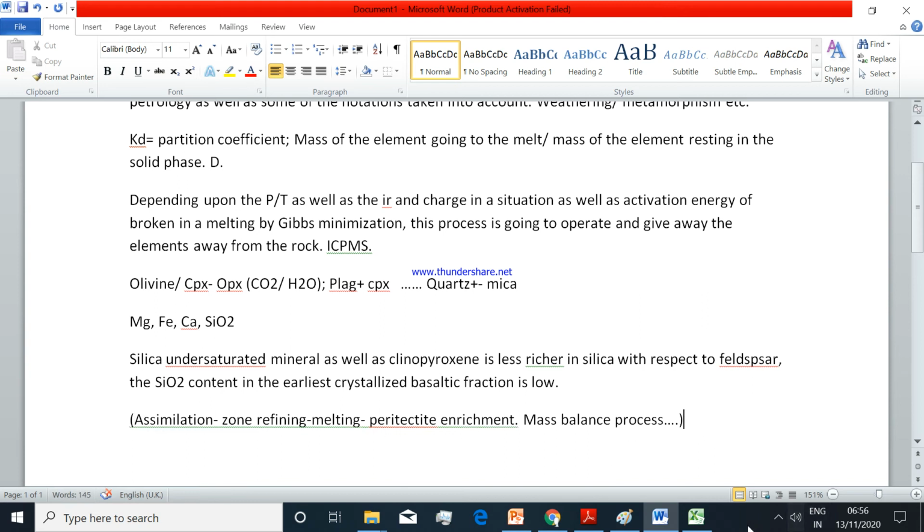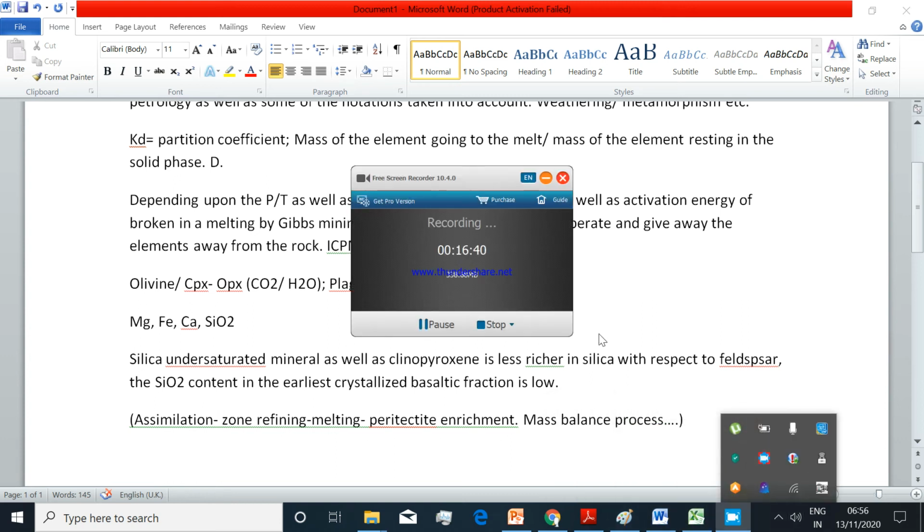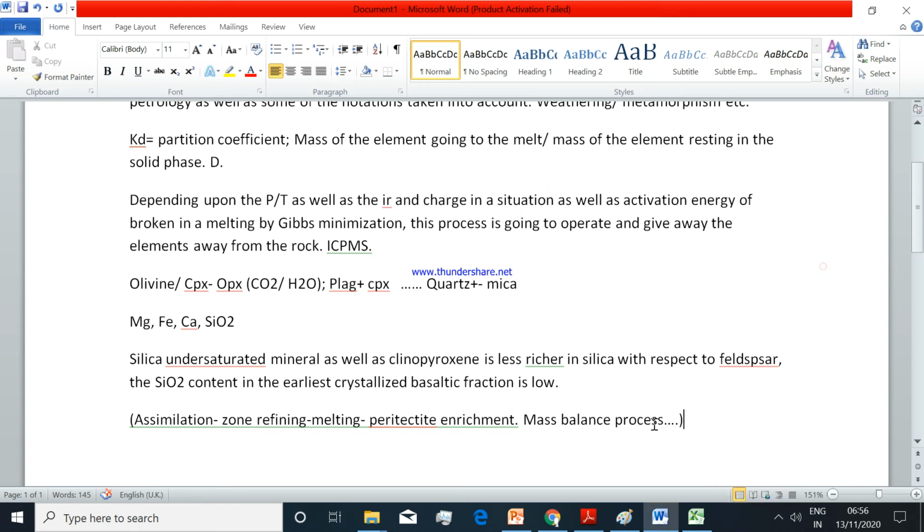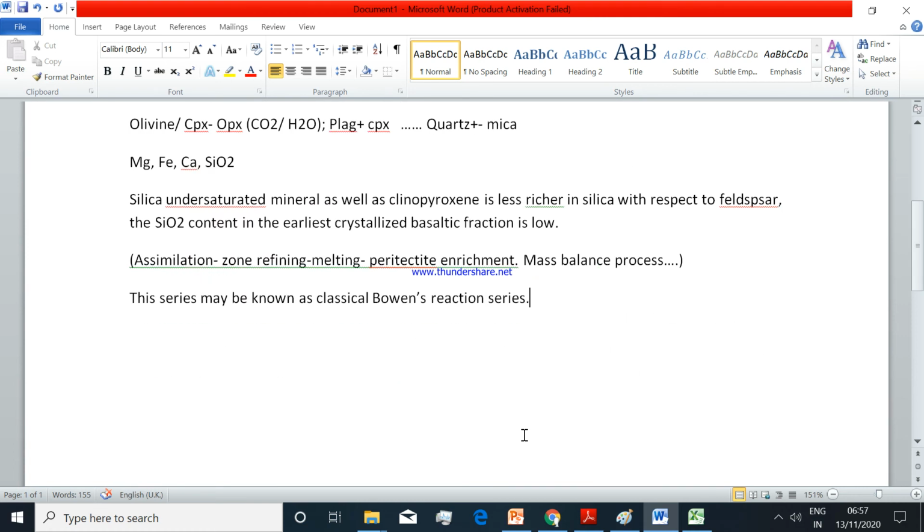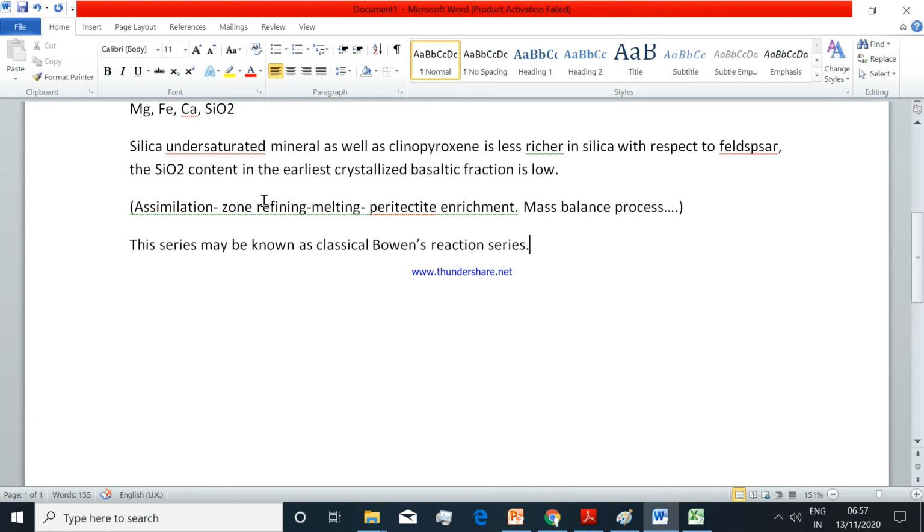Okay, now that's how this thing is going to operate in an igneous rock, and this series may be known as the classical Bowen's reaction series of igneous fractionation or igneous crystallization.